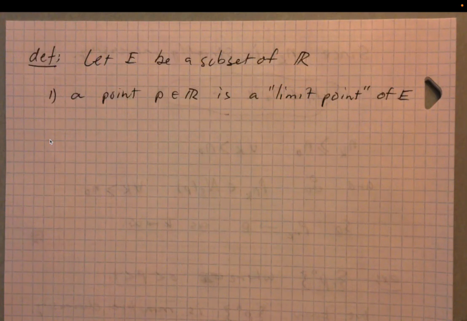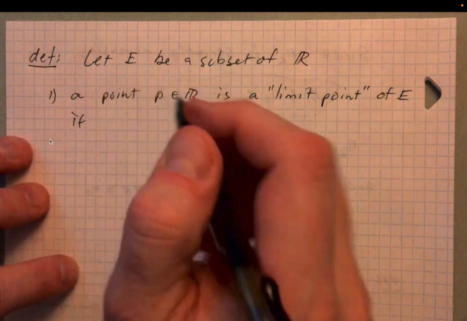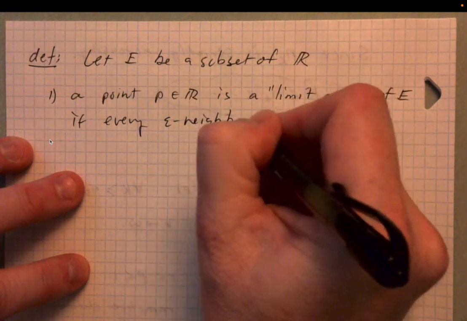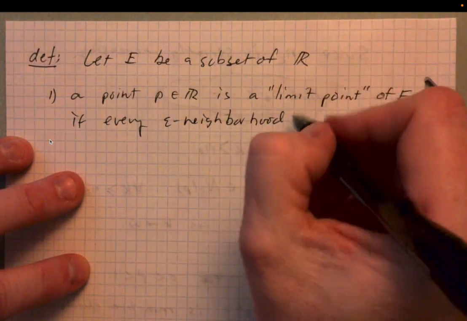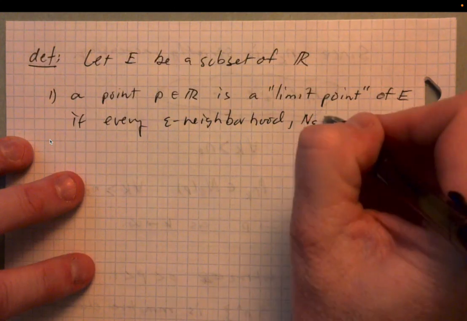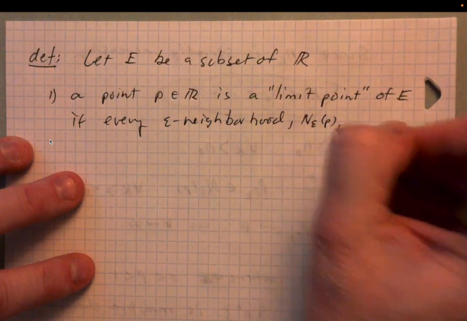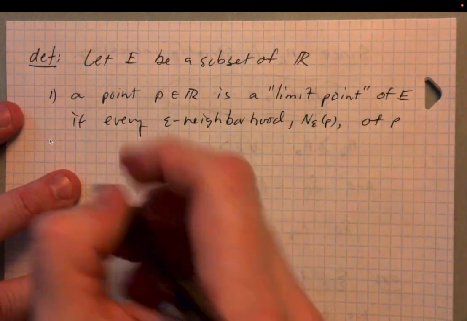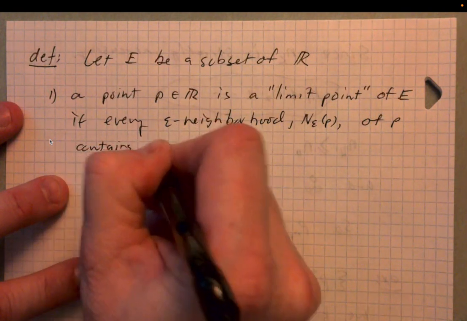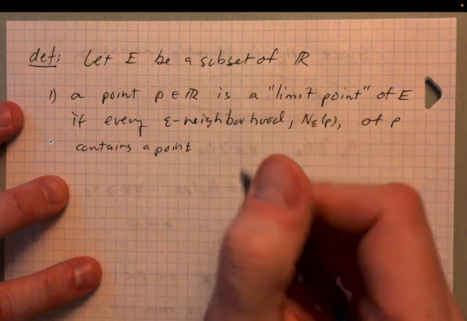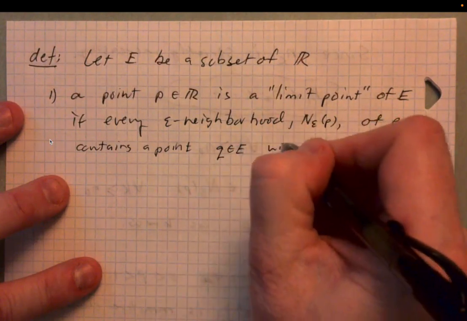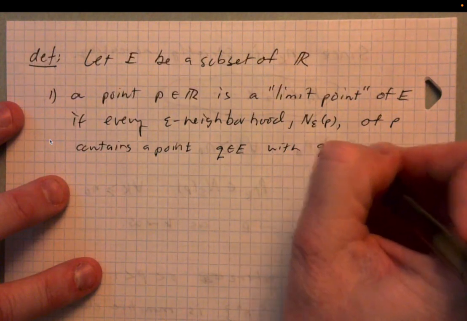A point P in R is a limit point of this subset E if every epsilon neighborhood, which we would denote N sub epsilon of p, contains a point q, which is in E, with specifically q not equal to p.